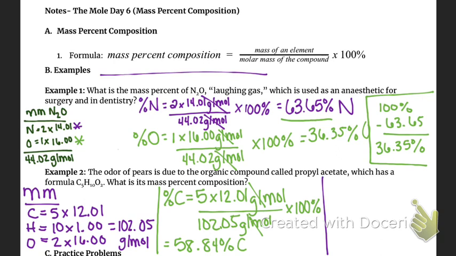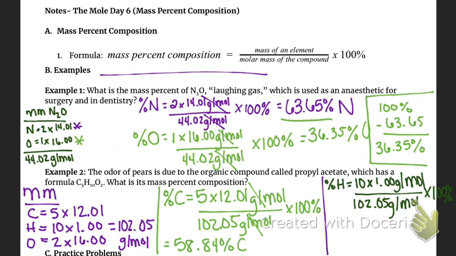Our next part we can work on is figuring out our percent hydrogen. We have 10 hydrogens, and the total molar mass will not change. So the only thing that changes as you solve these from element to element in a specific example is the numerator, the top part.